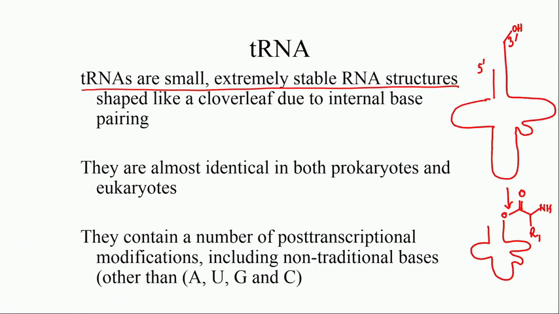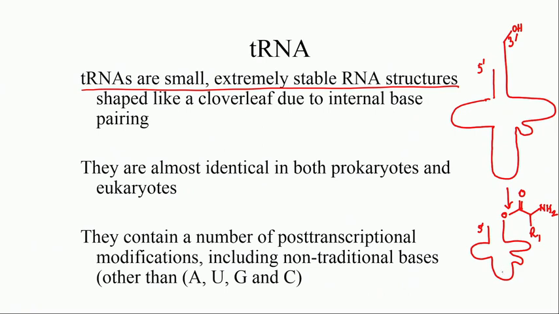So, the amino acids are basically forming an ester bond and are attached to the tRNA, and these amino acids are actually being delivered to the growing polypeptide chain by the tRNA.